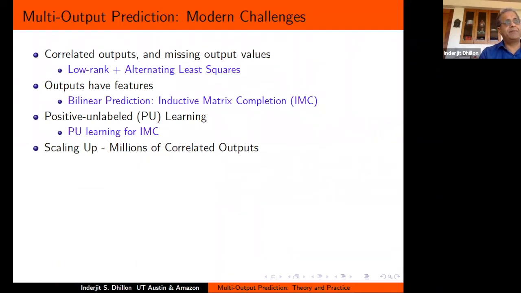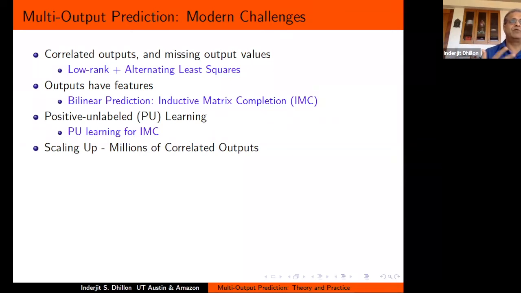So these are substantial challenges, but one of the big challenges that I haven't really gotten to is scaling up. Now, matrix completion and inductive matrix completion do scale up to large problems. One of the issues with these methods is that when you are trying to do inference, or when you're trying to find out what output is relevant to a given input, then that inference time is linear in the number of outputs.